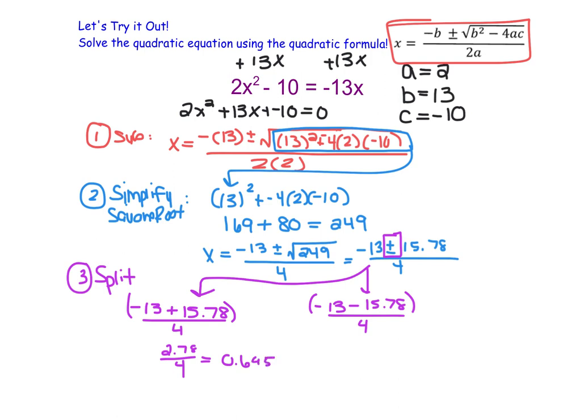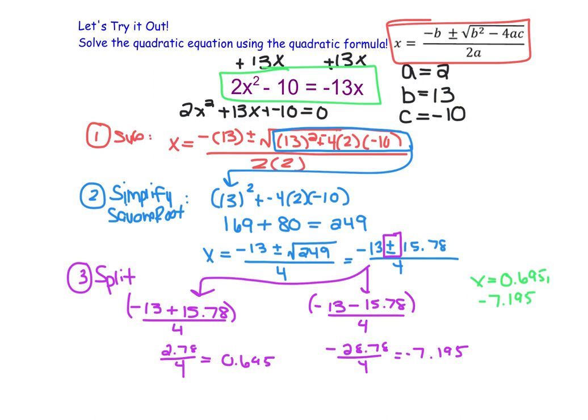And then the second one, I have negative 13 minus 15.78, which is about negative 28.78, all divided by 4, which is about negative 7.195. So at this point, I have two possible values for x that will make this original equation true. I have x is equal to 0.695 and x is equal to a negative 7.195.